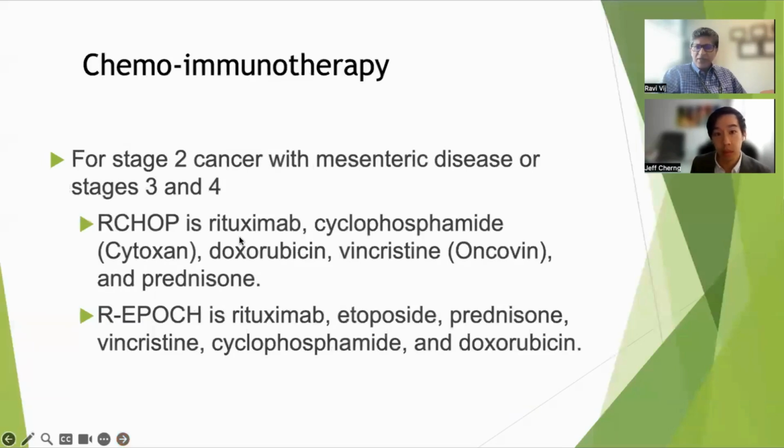So then obviously for the more traditional majority of patients that have stage 3, 4 disease, advanced disease, there's a slightly different approach. So how do you dice that pie?